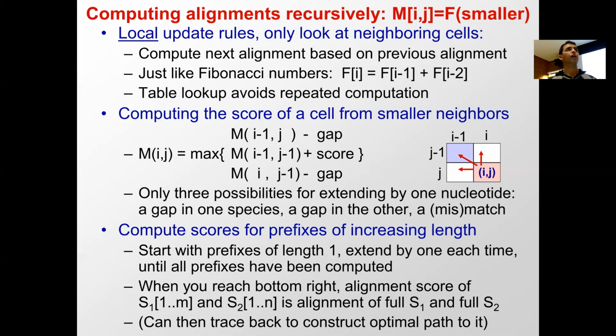And we're going to talk about state when we get to HMMs next week. So basically the state of this system is whatever entry I'm in. But an additional state would be which matrix I'm in. So I could have one matrix where I'm already in a gap in S1, or I'm already in a gap in S2, or I'm not in a gap. And then if I just open the gap in one sequence, I go here, and I keep traversing there.